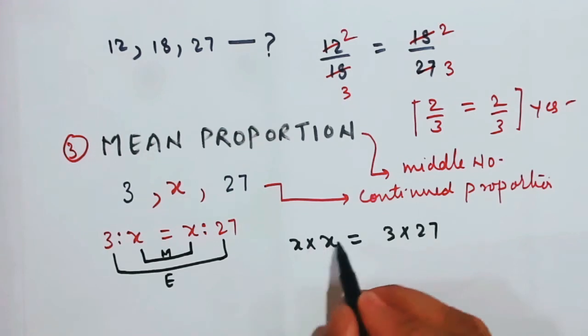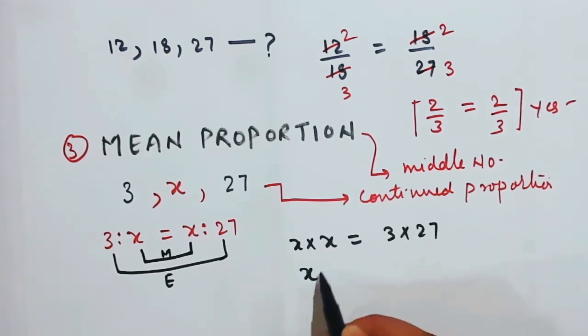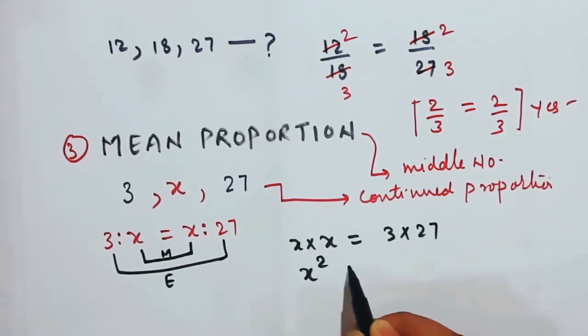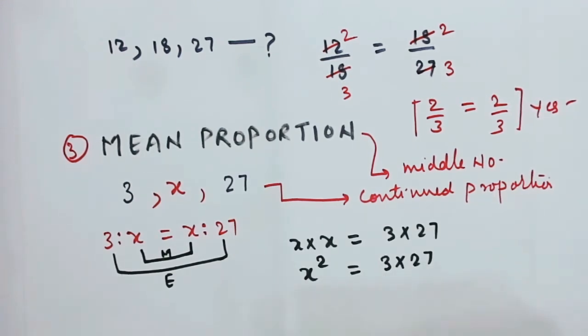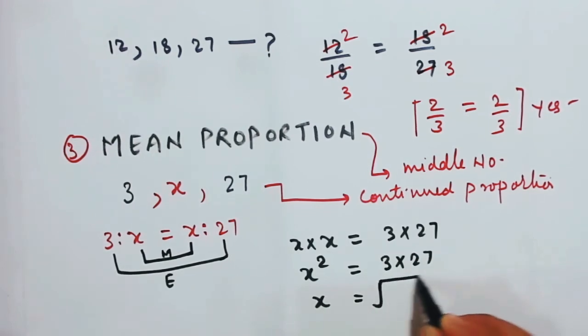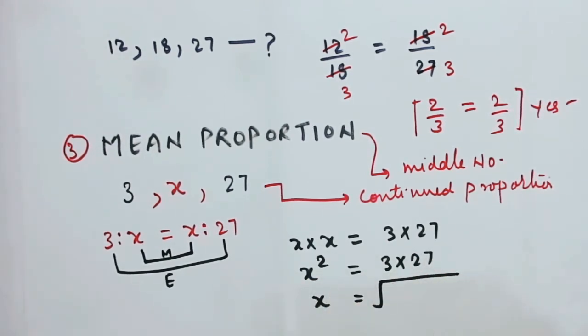X into x is x square. So x square is equal to 3 into 27. Now when you transpose, to find the value of x, the square will move to the other side and get converted to square root.